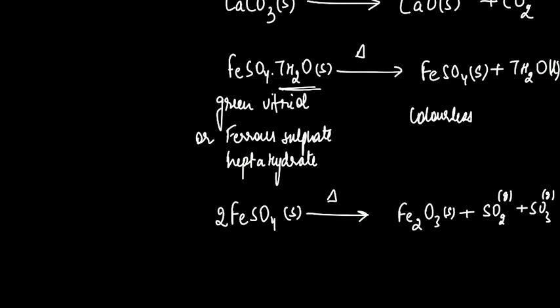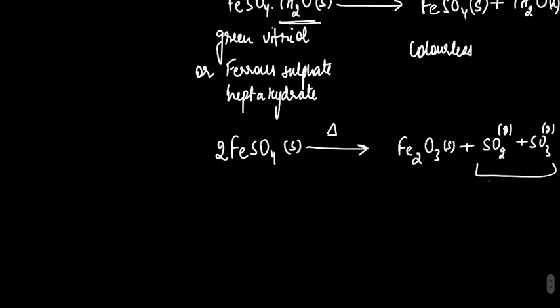They can be colored in their own state also, but most of the salts where we have water of crystallization, if they are colored and you heat them and the water of crystallization is removed, they generally become colorless.